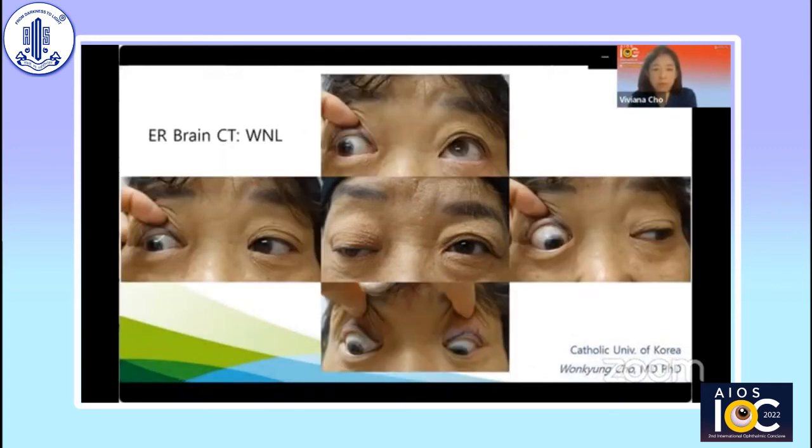The nine-gaze photo shows exotropic deviation of the right eye and movement limitation to the medial, upper, and lower gaze. She took a brain CT in the ER and it was normal, but her right pupil was dilated. Taken together, her diagnosis was oculomotor nerve palsy with pupil involvement.